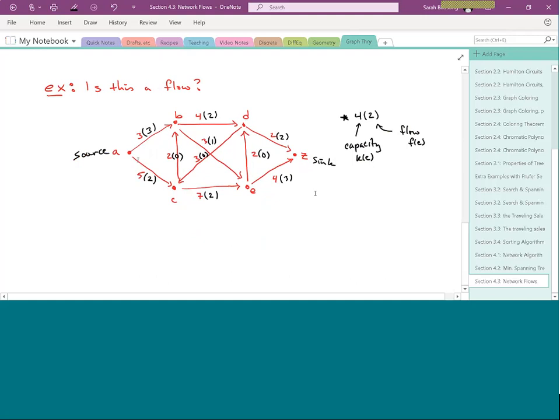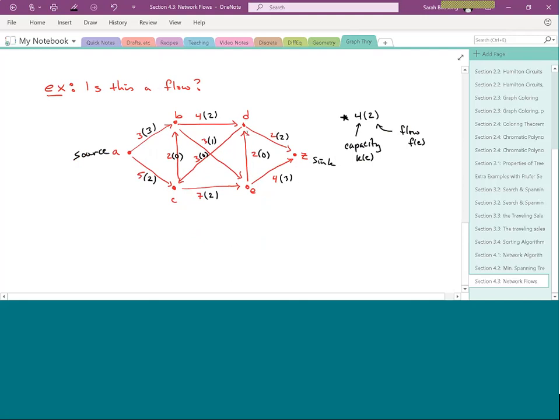So if we look here at the source, the total amount leaving is 5. Coming into the sink, the amount coming in on the flow, these are the black numbers, that sum is also 5. So at first glance, it's a possibility that's a flow.